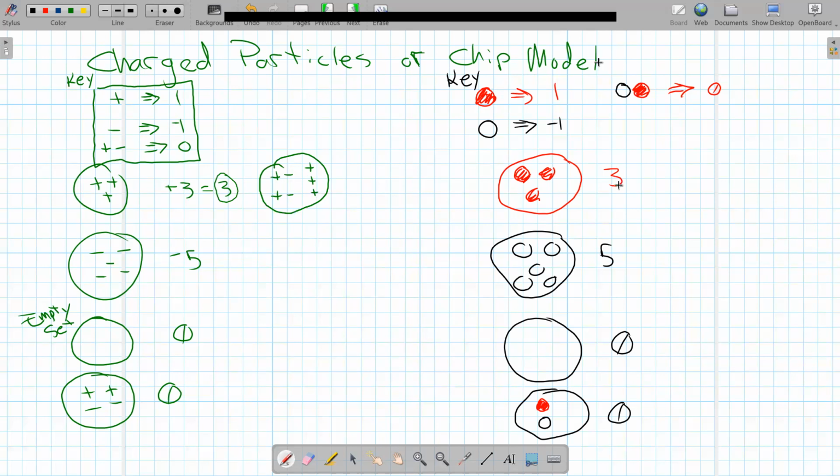Similarly with the chip model, instead of the charged particle model, I could have a set where I have a whole bunch of blacks in that set. So there's a whole bunch of -1s. And as long as I have just enough positive ones to end up with 3 in the end, I'm okay.